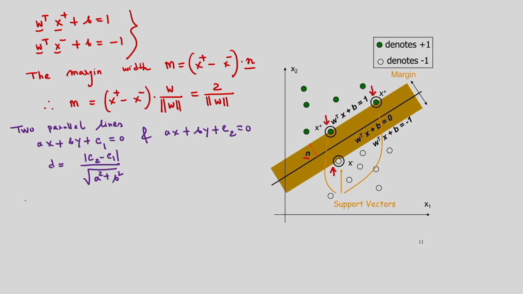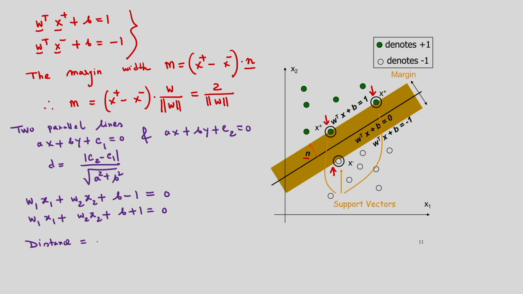So similarly here, if I consider the equations of this hyperplane, w1 x1 plus w2 x2 plus b minus 1 is equal to 0. I have shown this equation in my previous slide. And w1 x1 plus w2 x2 plus b plus 1 is equal to 0. So corresponding to two lines, the distance again I can determine.